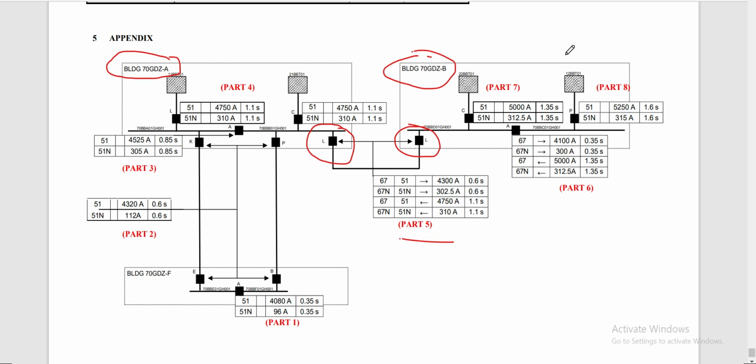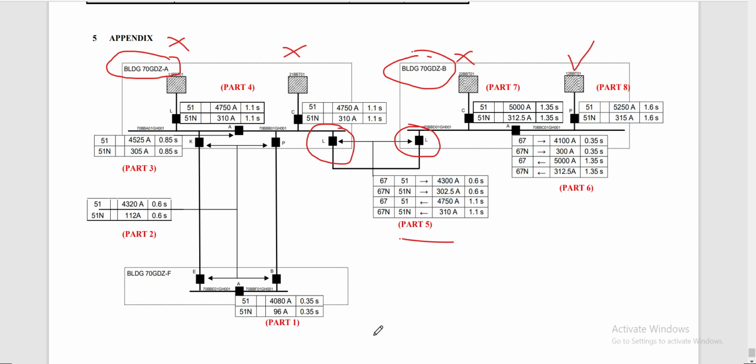For example, for the worst condition, the power supply is available only on this incoming feeder. So meaning this is out, and all of building A's incoming power sources are also not available. This is out and this is out. So the power is flowing from here going to building F down.